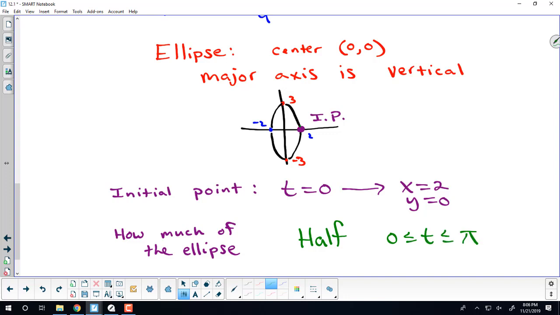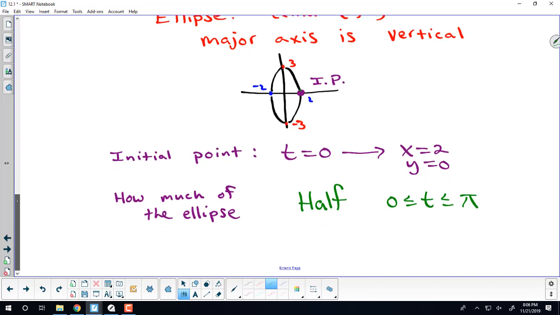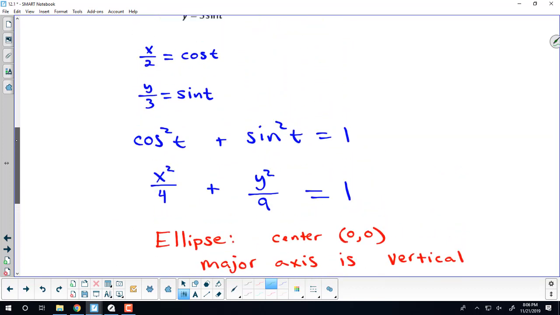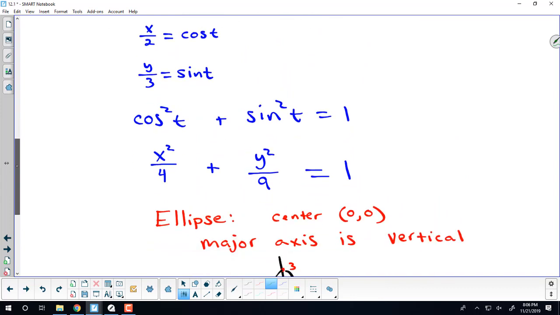So really we have our initial point. All we've got to do if we're not sure which half it is is determine where the terminal point is. So when T is equal to pi, what is x and what is y? So when T is equal to pi, 2 cosine, 3 sine.